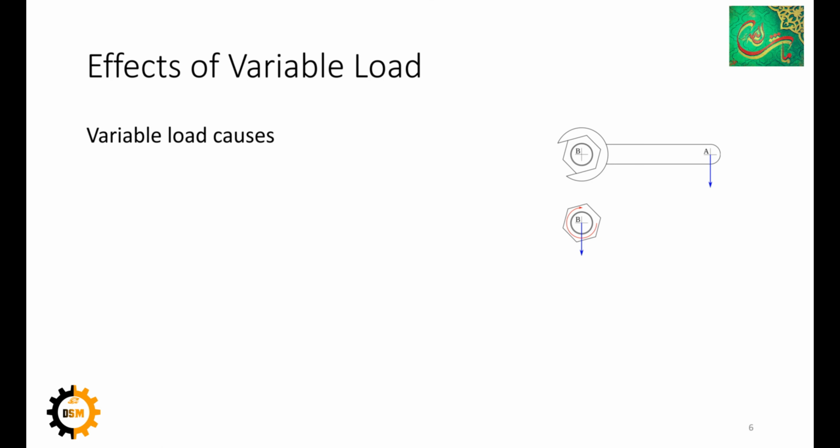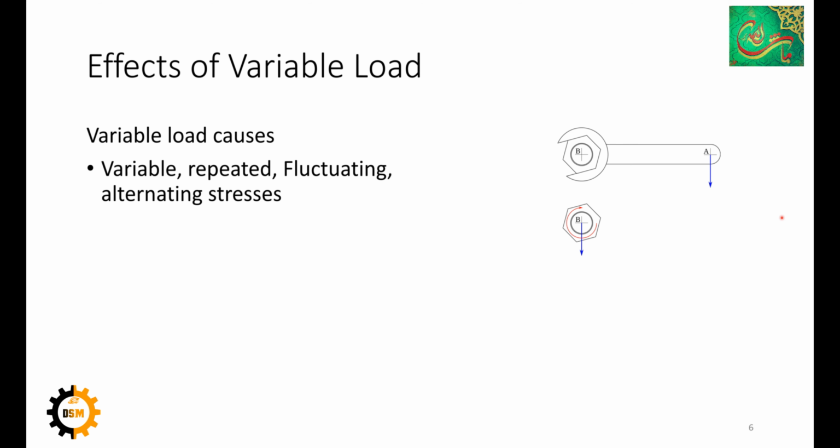In the variable load, when you apply the force with a changing magnitude, point of application, or direction, what happens is that there is a fluctuation of forces. Because of these fluctuations, the force per unit area is variable, or repeated after some time, or fluctuating, or alternating.